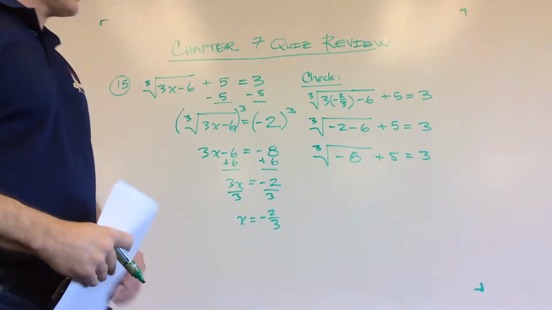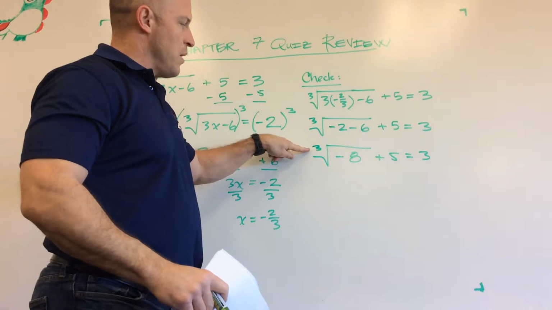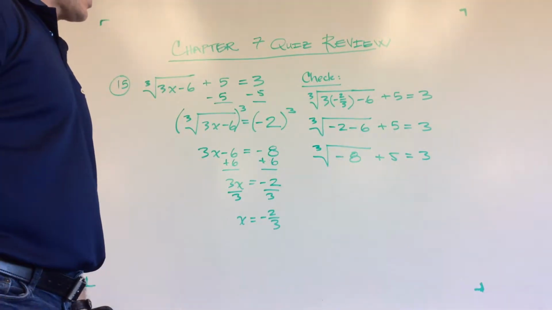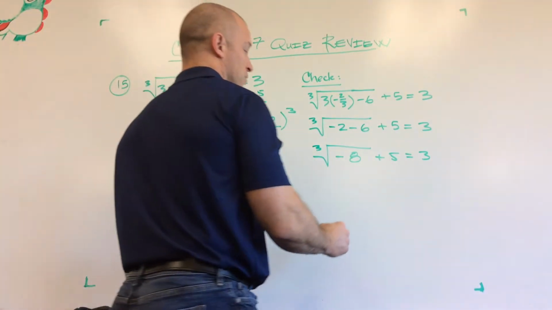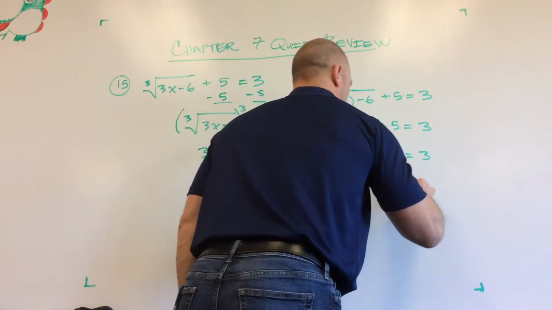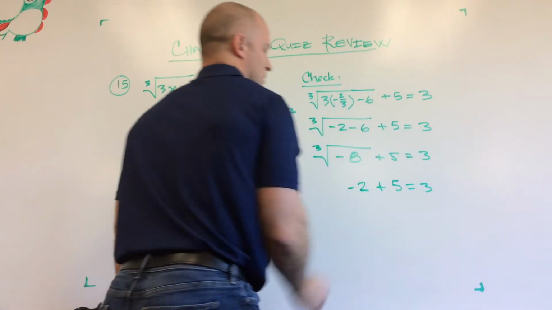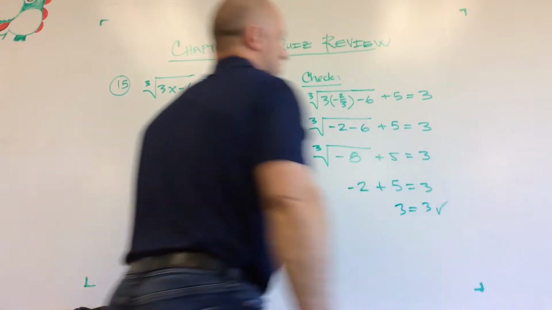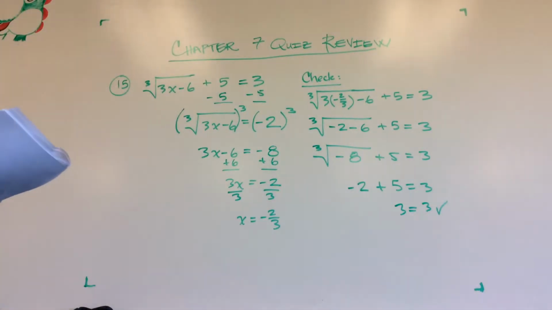Cube root of a negative number is no problem, right? Anytime we have an odd-powered index, we can still deal with that. It does not generate an i for us, so this is just going to be -2 as our cube root here. Those are going to add up to 3, and we see that the problem checks out.